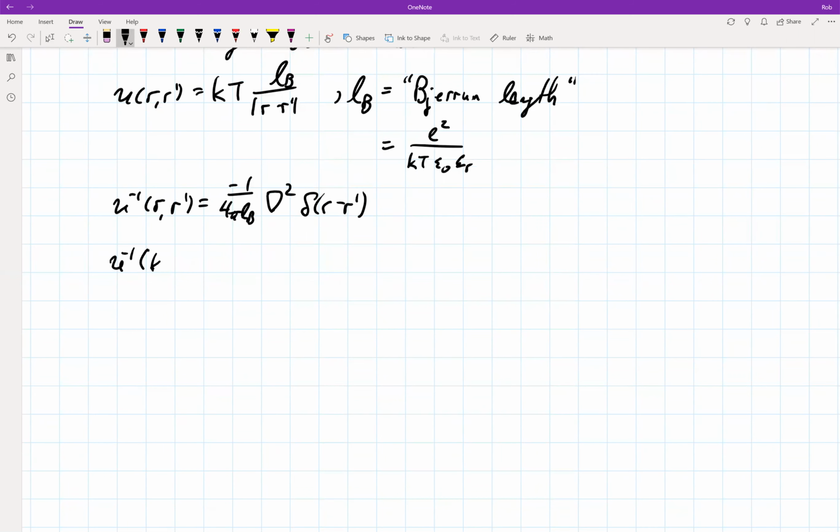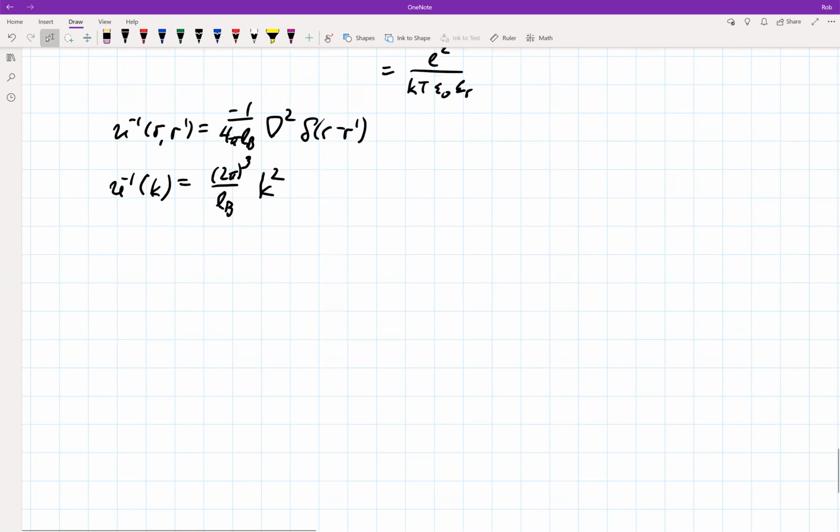And this thing in Fourier space is also a useful thing to have. So it's 2 pi cubed over L_B, then k squared. All right, so our total energy, right?